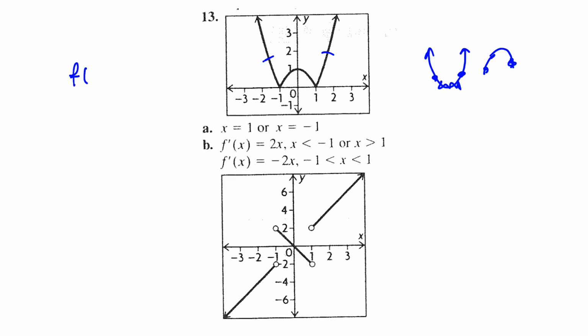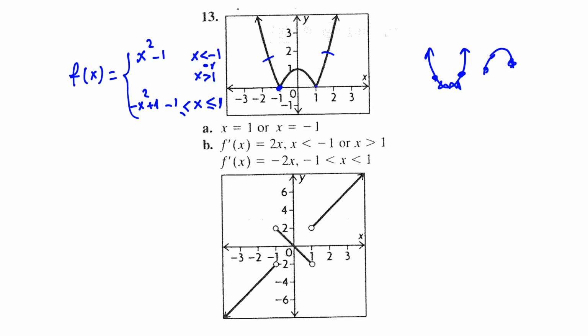As we mentioned, f of x is x squared minus 1 when x is less than negative 1 or more than 1. When x is greater than or equal to negative 1 and smaller than or equal to 1, it is negative x squared plus 1.